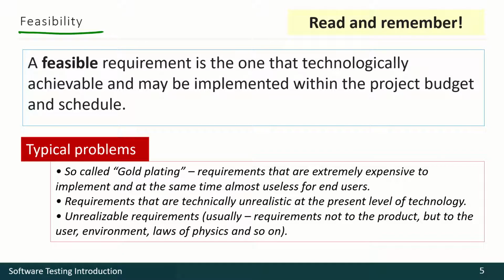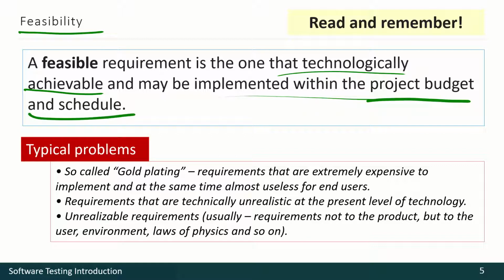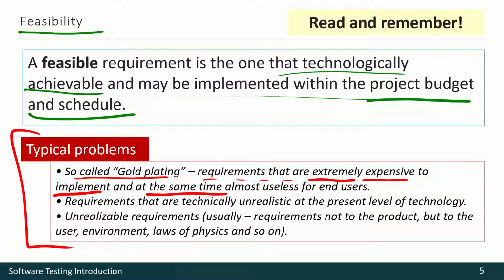Speaking about feasibility, we rarely have the situation when the customer asks for something technologically unachievable or impossible. Almost never. But what happens often is that some requirement is outside the project boundaries, schedule, budget, and so on. So typical problems here: so-called gold plating, when there is a requirement that is extremely expensive to implement, long to implement, hard to implement, and at the same time it is almost useless for the end users.